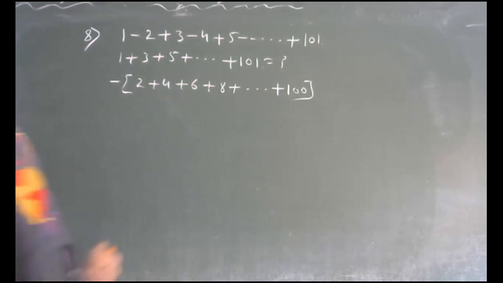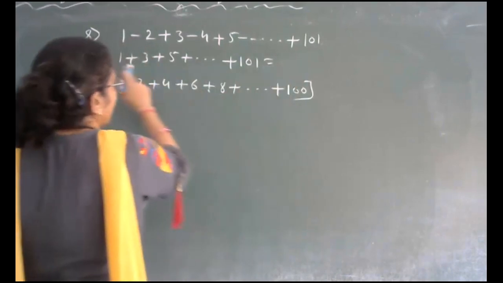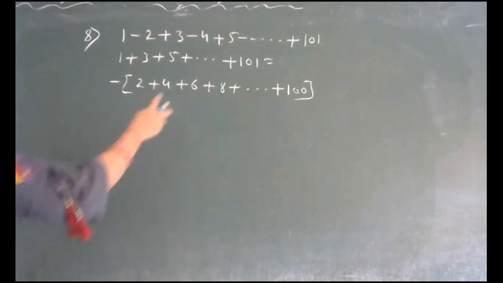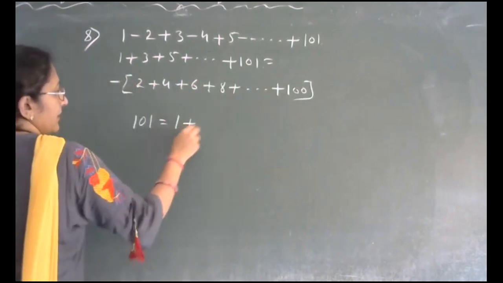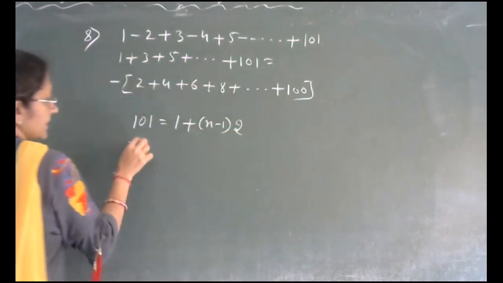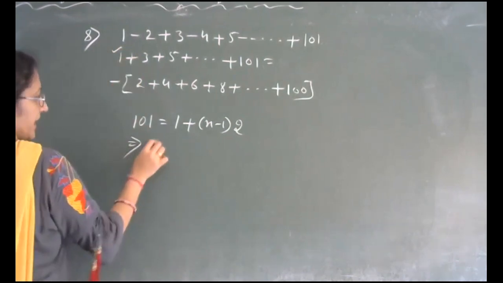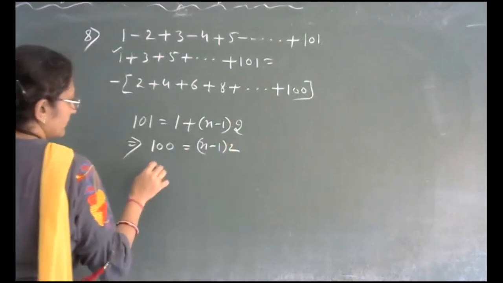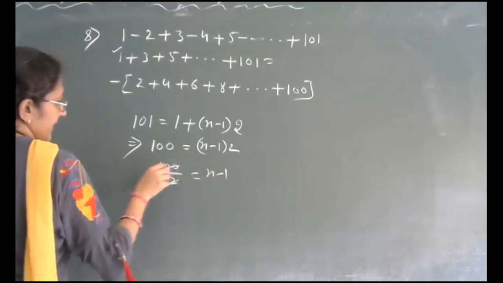So here the first term is 1, the last term is 101. What will be the sum of these terms? We don't know which nth term 101 is here. So 101 is equal to a plus n minus 1 into the value of D, that is 2. From here we can find the number of terms. 100 is equal to n minus 1 into 2. So 100 over 2 is equal to n minus 1.